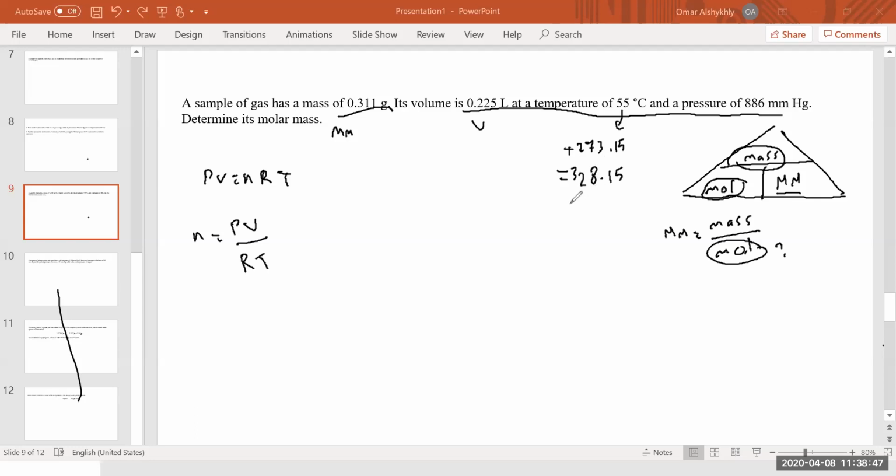Okay, so 328.15 Kelvin. And what about this one? So this one will be 886. We will divide it by 760, to convert it to atmosphere.